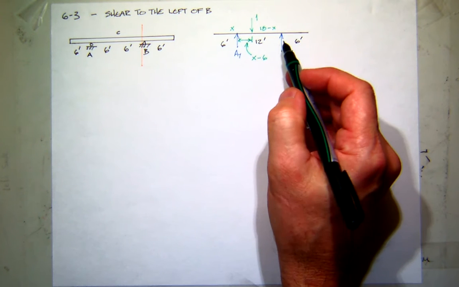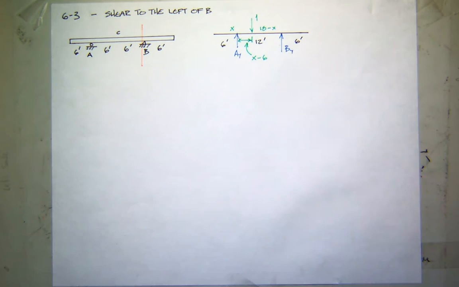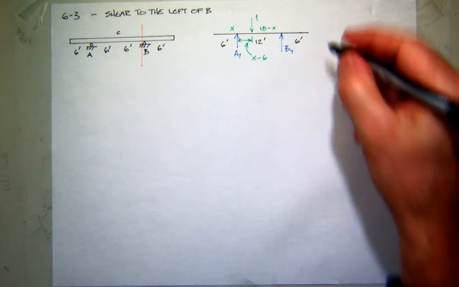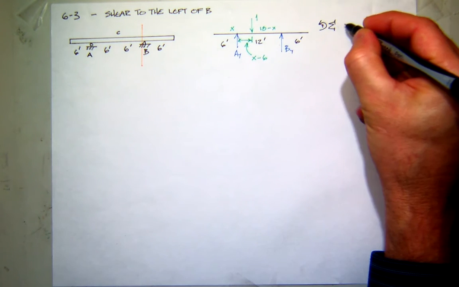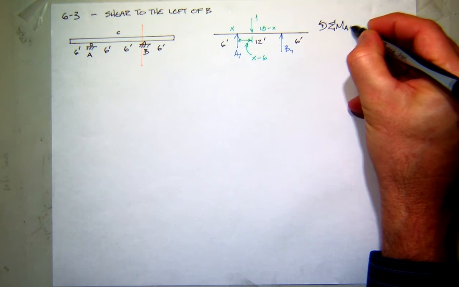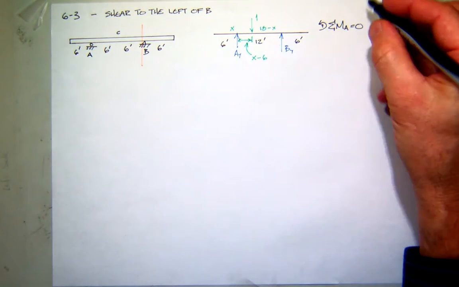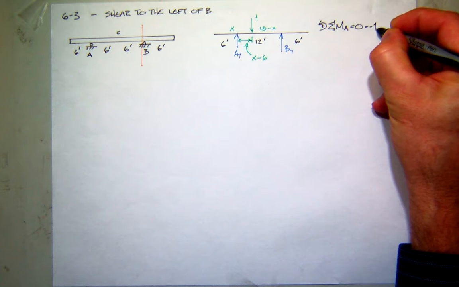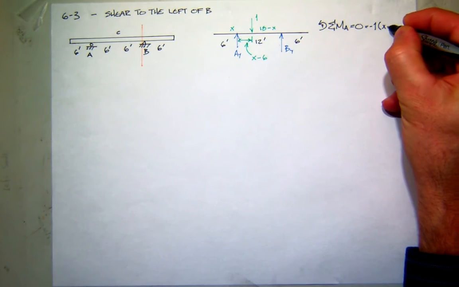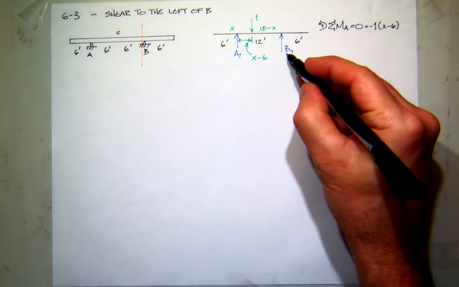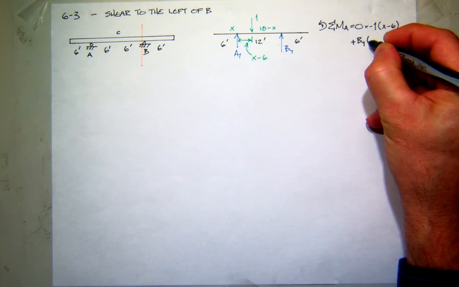I was getting ready to sum moments about B, but I want BY, so I'm going to sum moments about A. So if I sum moments about A, what do I get? Well, I'll have my unit load 1 creating negative moment with a moment arm of x minus 6. And then BY creates positive moment, and what's its moment arm? 12.